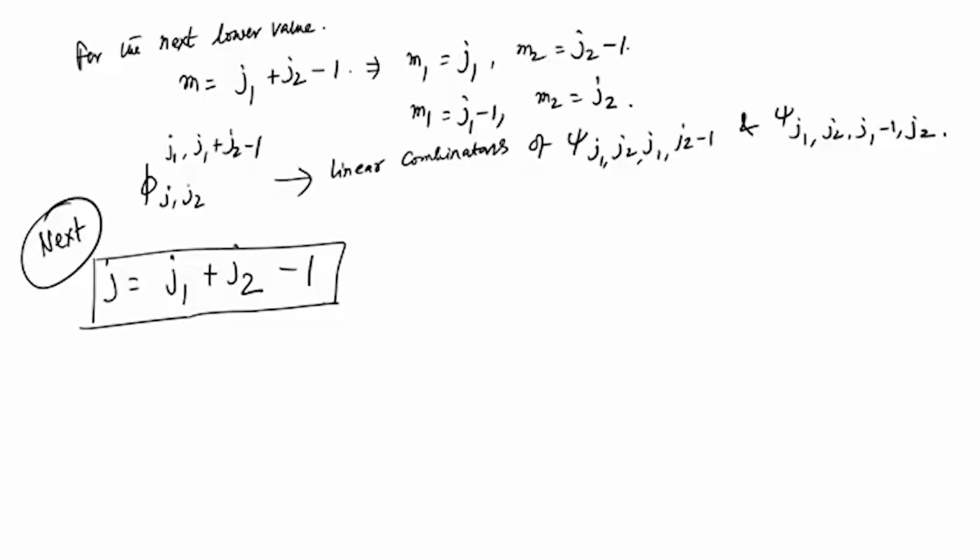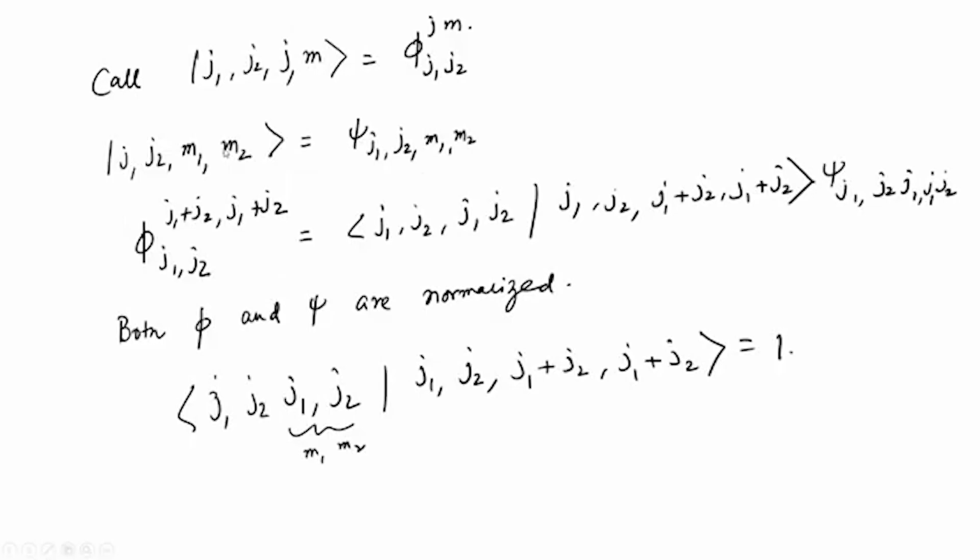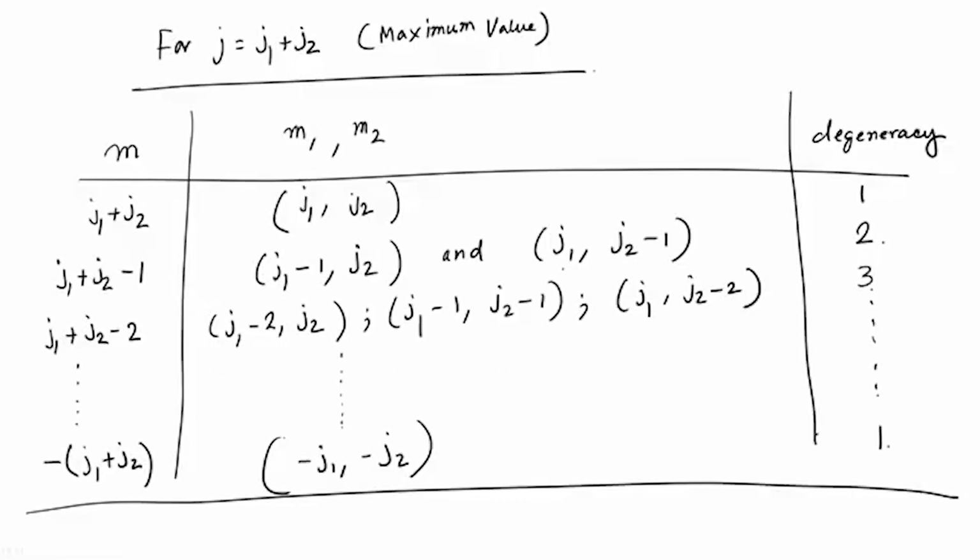Now, for J equal to J1 plus J2 minus 1, the maximum value of M will start from the second value, because that will be the maximum value of M for J equal to J1 plus J2 minus 1. And for that you will have these two combinations once again.